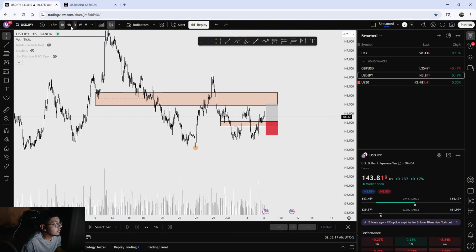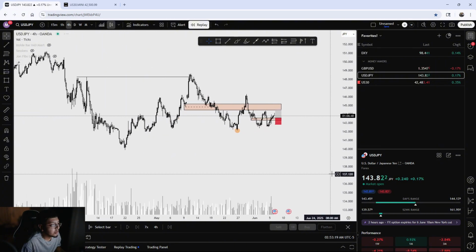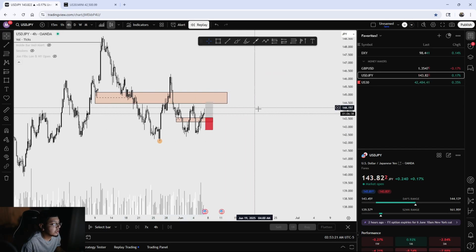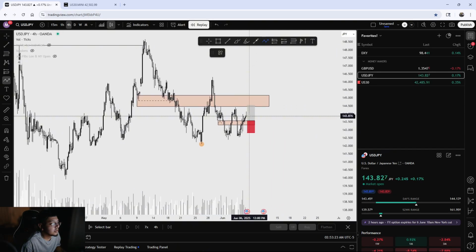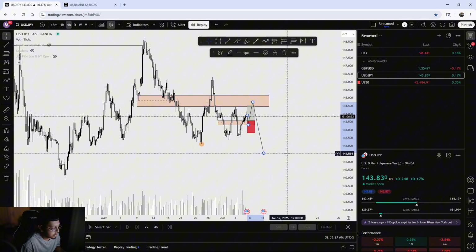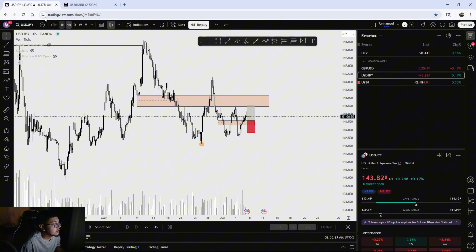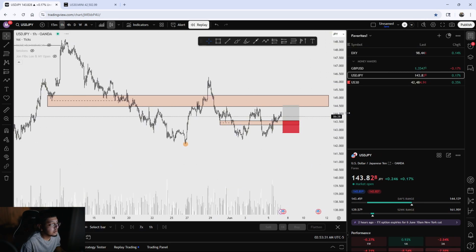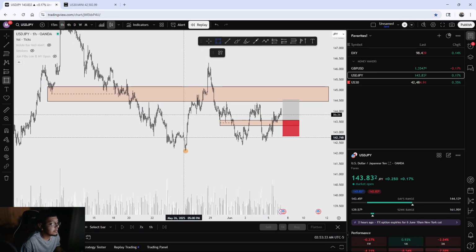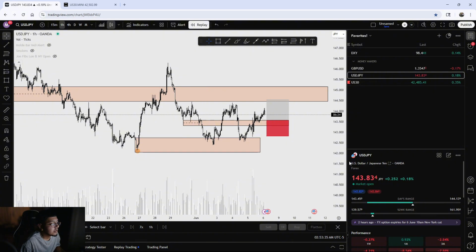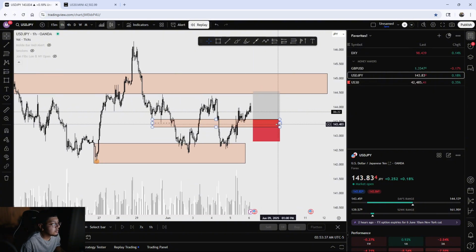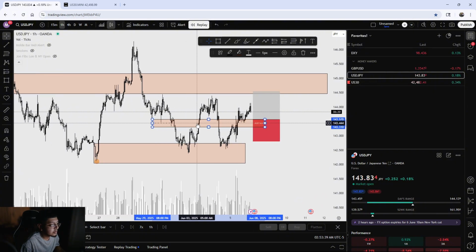So in this range, there's liquidity being built. And so if we're bearish, what I want to see is price actually take liquidity from the upside first to continue to the downside. In that range, we do have a demand zone that held up. And we had our previous supply or resistance area marked up and price inverted.